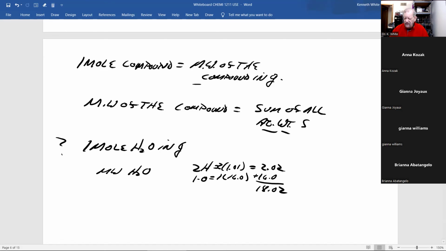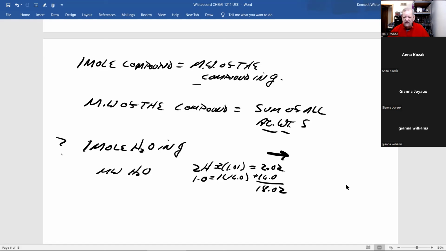Now, remember, when you're doing addition, you get the same number of significant figures to the right of the decimal as the number with the fewest significant figures to the right of the decimal. This has 2 significant figures. This has 1. Which is the lowest number? Hopefully I'll pick 1, keep the 0, use the 2 to round off. So for water, 1 mole is 18.0 grams.